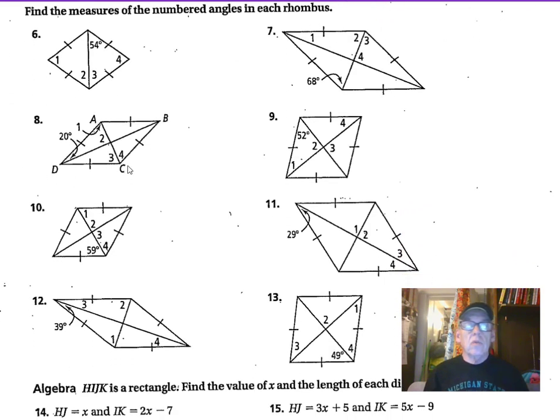Let's look at number 6. We want to find the measures of these numbered angles. So one of the properties of rhombuses is that, let's put it over here, in rhombuses, diagonals are perpendicular bisectors, and also diagonals bisect the vertex angles.